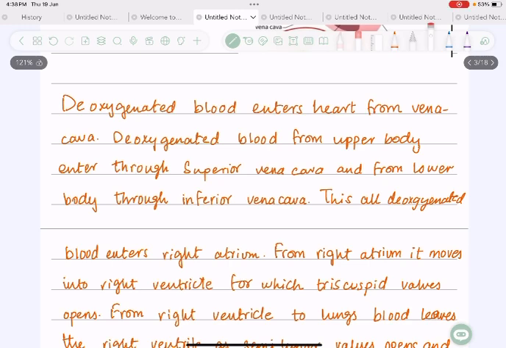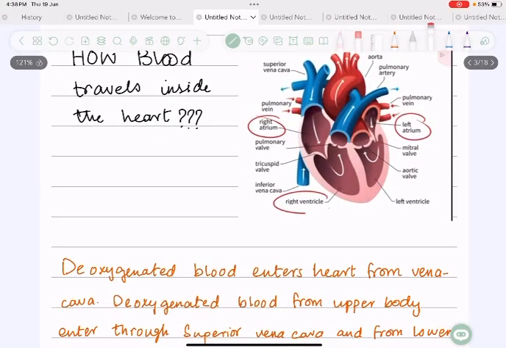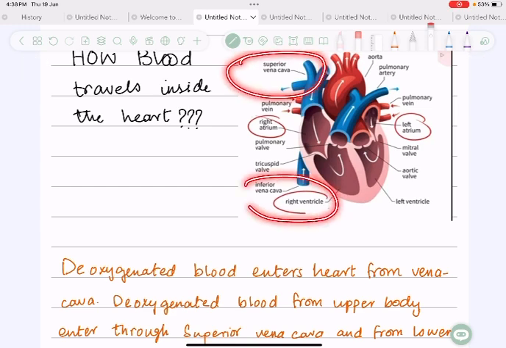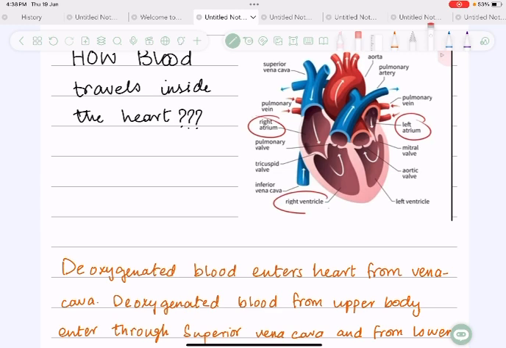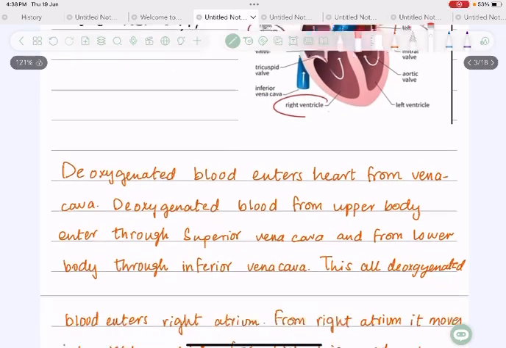So how does the blood travel through the heart? Firstly, the deoxygenated blood enters the heart from the vena cava. As you can see, we have two vena cavas. Number 1, superior, and number 2, inferior vena cava. The superior vena cava brings the deoxygenated blood from the upper side of the body. However, the inferior vena cava brings the deoxygenated blood from the lower body.